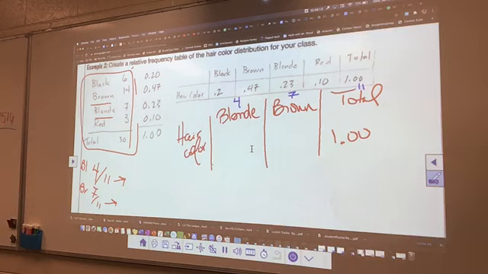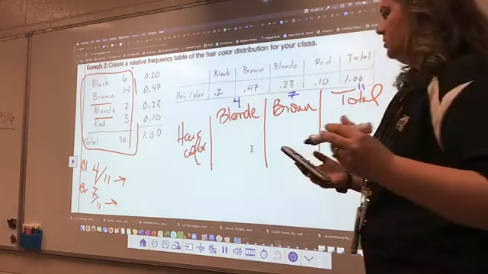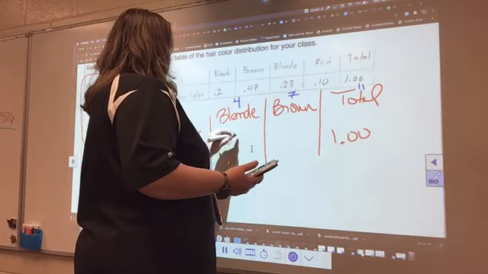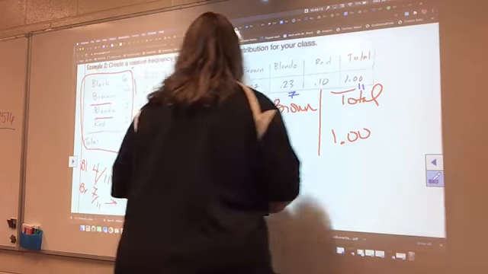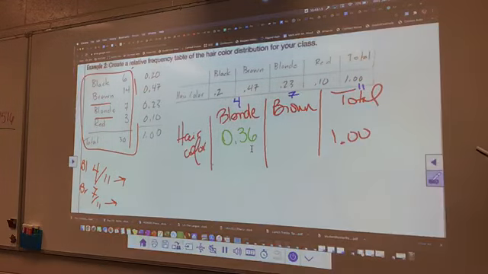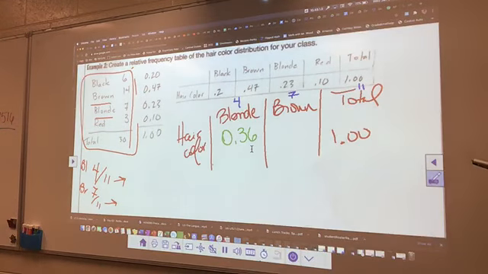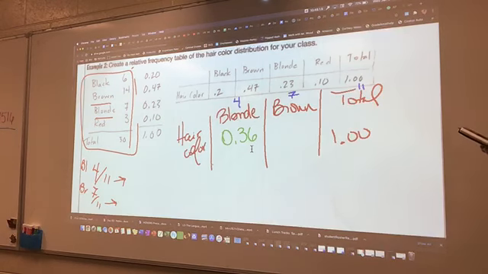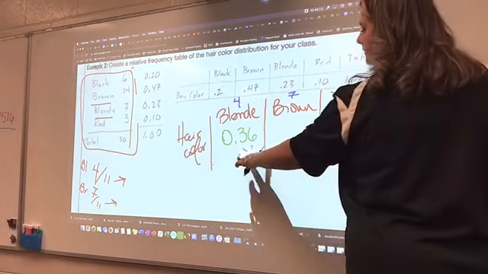So when I do 4 divided by 11, looks like 36 keeps repeating, right? So we're going to do 0.36. We'll have to round up. Yeah, we could do 0.4 and then 0.6. I mean, we could do this one as 0.4 and this one 0.6.